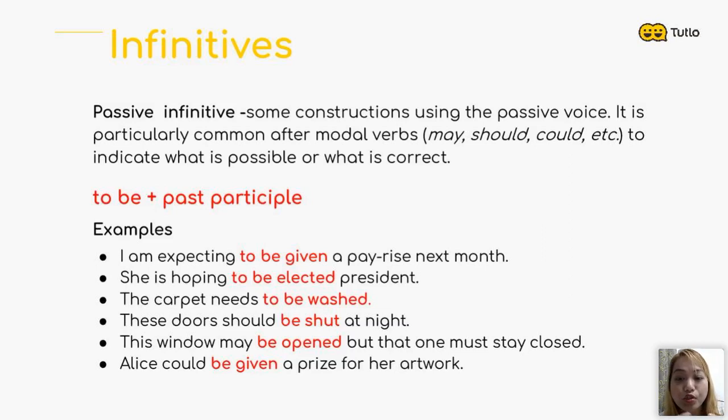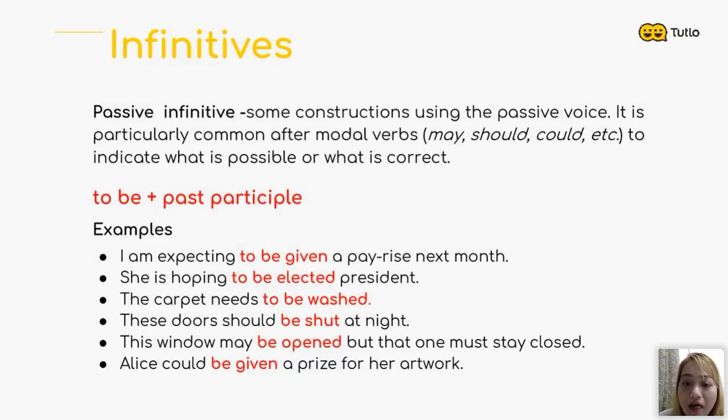These doors should be shut at night. You see, it is indicating what is possible or maybe what is correct. This window may be opened, but that one must stay closed. Alice could be given a prize for her artwork. You see the difference between the sentences? In the passive infinitive, we are indicating here what is possible or what is correct.